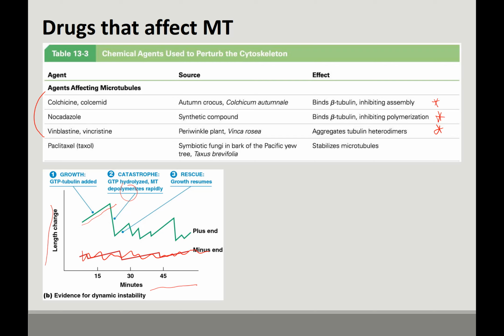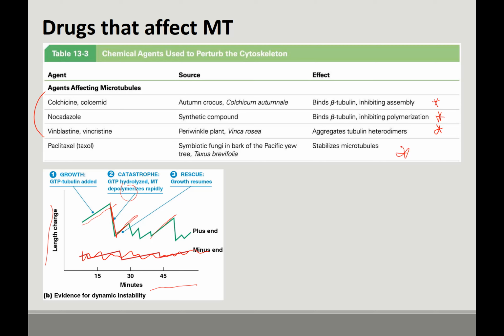So when you add a drug like this, the length of your microtubules decreases because the plus end is not being added to, and it actually is starting to shrink. Every time you see these little peaks, this is rescue or resuming growth or polymerization.